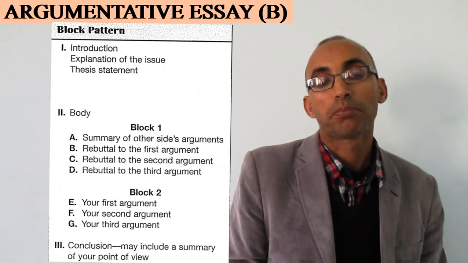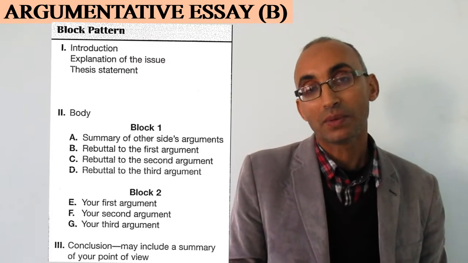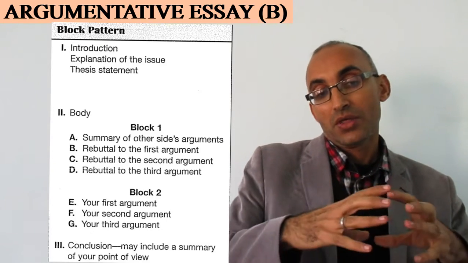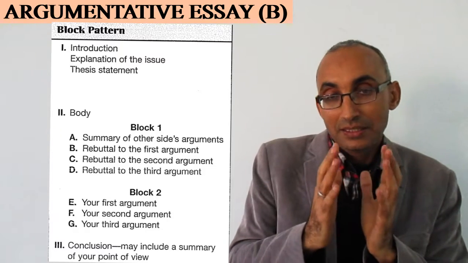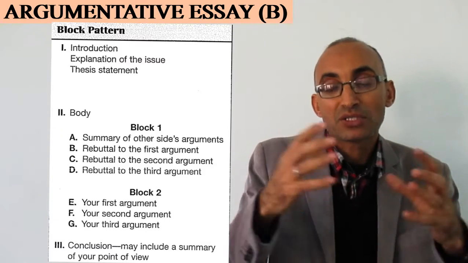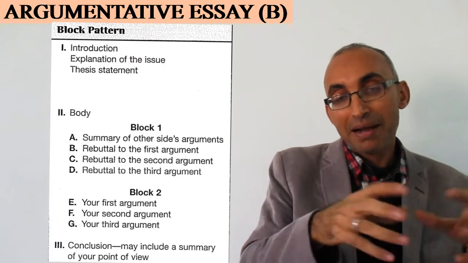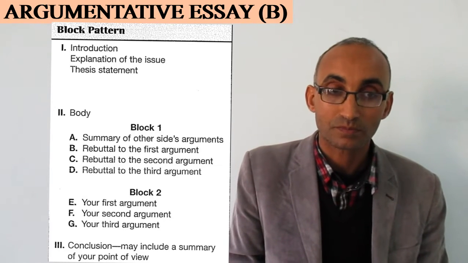That's why it's called block structure. Clear. At the end, the conclusion, of course, I restate the statement. It means repeat the content of my statement of my point of view. Clear. And I summarize generally my arguments. Clear.